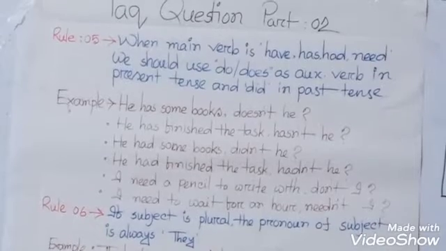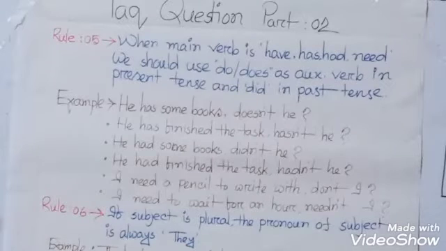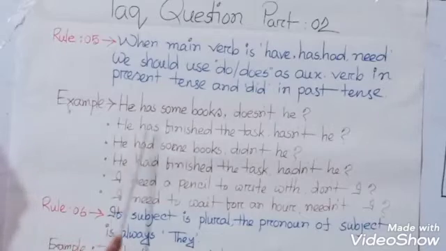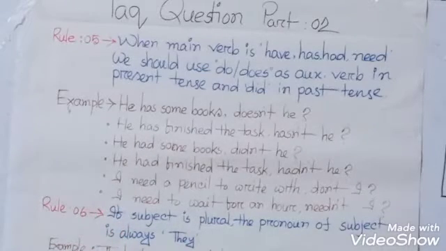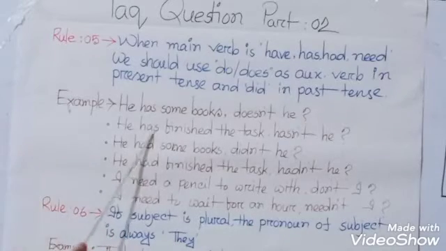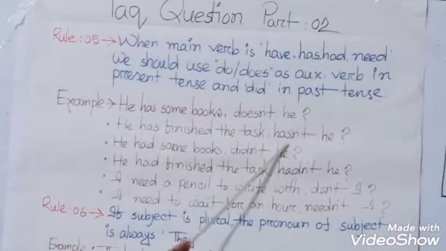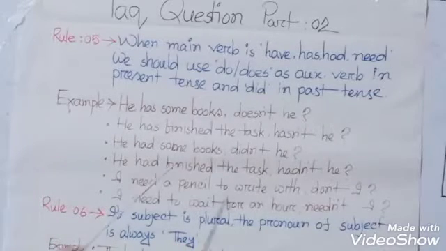Then, he has finished the task. In this sentence, has is an auxiliary verb. How do we identify it? After has, we find another main verb. That's why we realize that this is an auxiliary verb, so we use it to make the tag question.